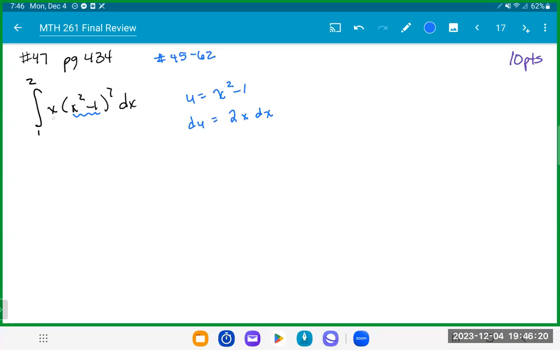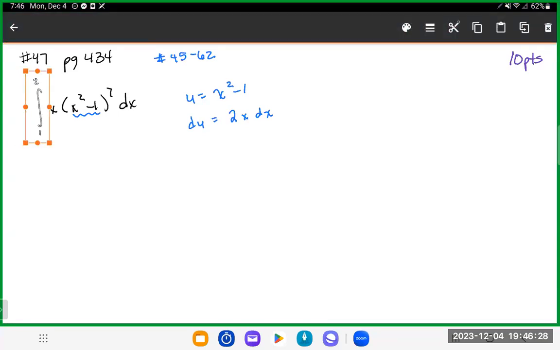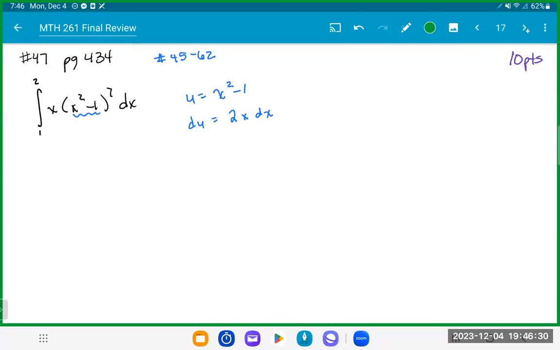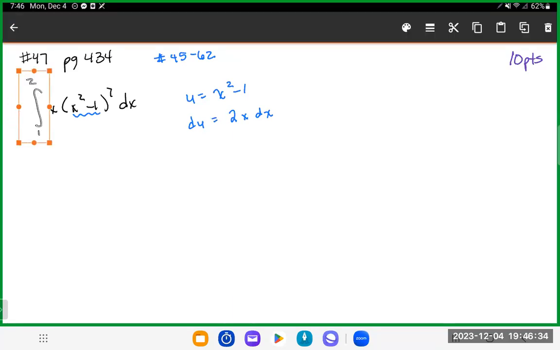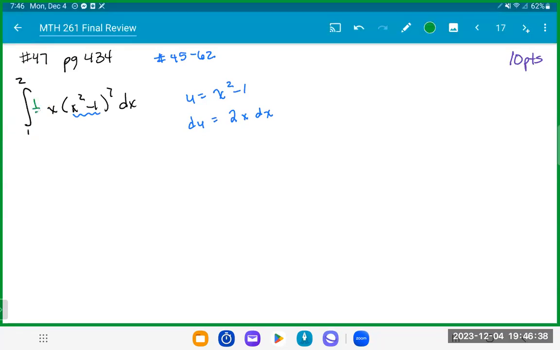So you could see here we don't have a 2x, so we have to make one. So I'm going to move this over just a little bit, and we're going to do 1/2 times 2, because we need that 2x.